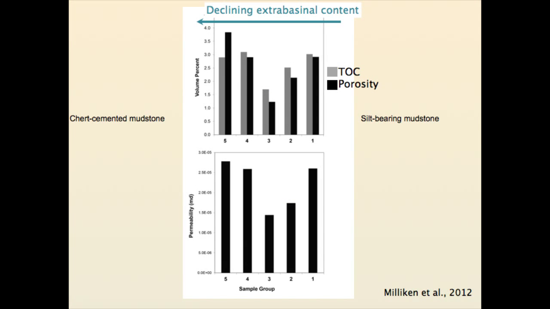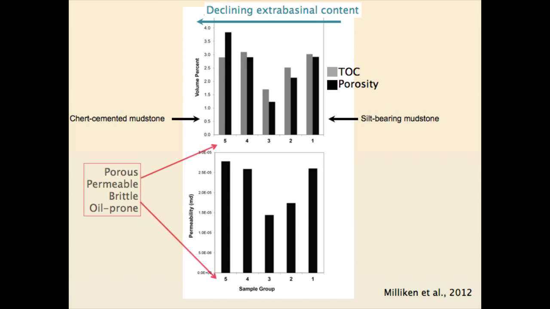But here's the thing. Here's some TOC, porosity, and down here is permeability. And I have five groups, and I'm just going to draw attention to two end members, the silt-bearing mudstone and the chert-cemented mudstone. And you can see that both of them have some pretty high TOCs, porosities, and permeabilities.